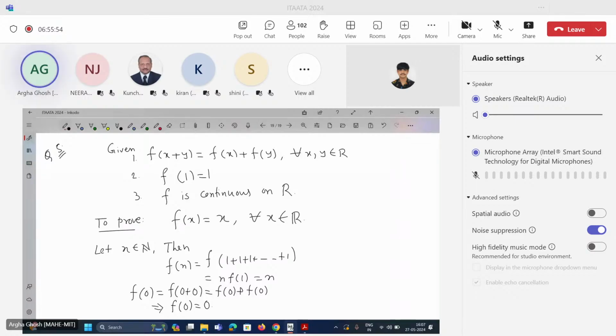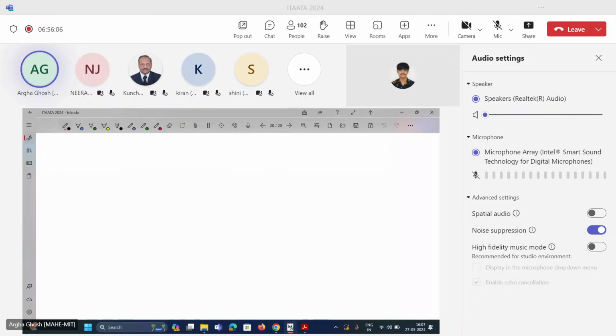So fine, for 0 it is working, for natural numbers it is working. What about negative numbers? F of 0 is 0. Now use that fact. Let x belong to any real number.